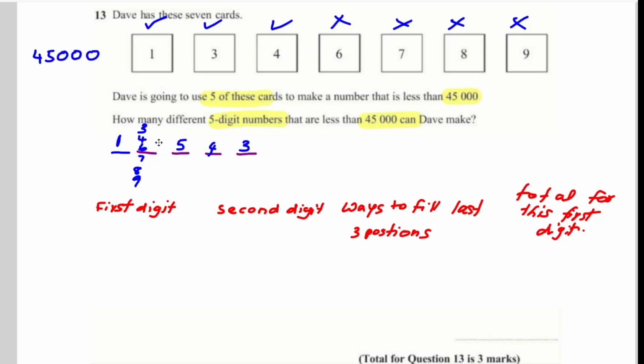So let's multiply together like this. Here the first digit is 1. Second digit, how many possibilities are with the second digit? There are 6 possibilities.